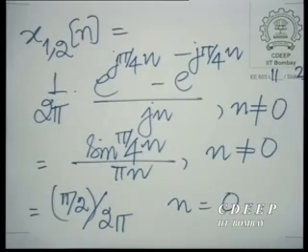Now we ask, what is the discrete time Fourier transform of x1 of n into x2 of n? What do we expect it to be?